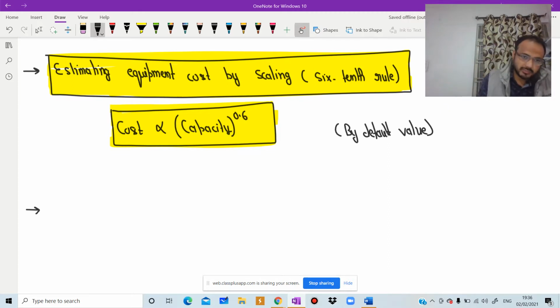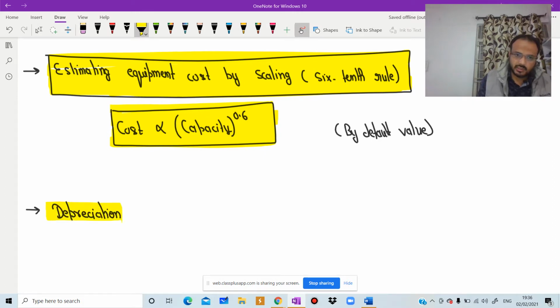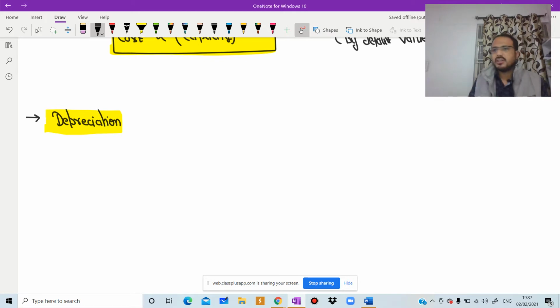Write down next: depreciation. As time passes, the value automatically decreases due to some factors. We have four methods to calculate depreciation.